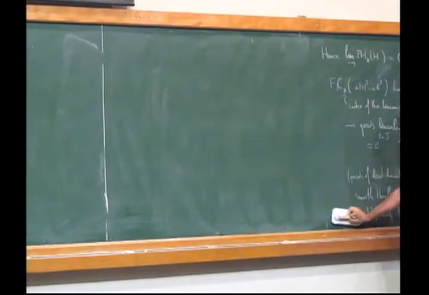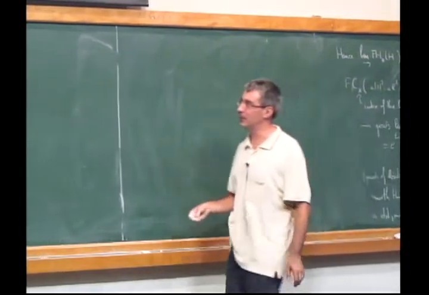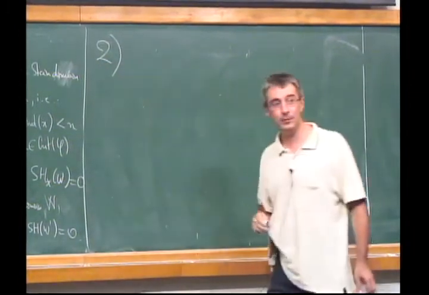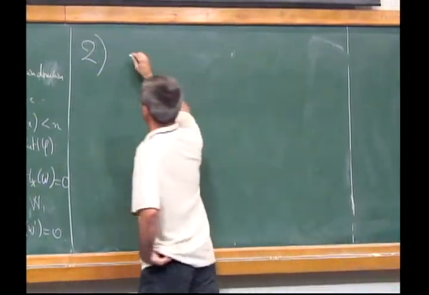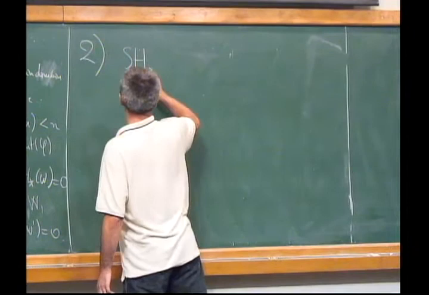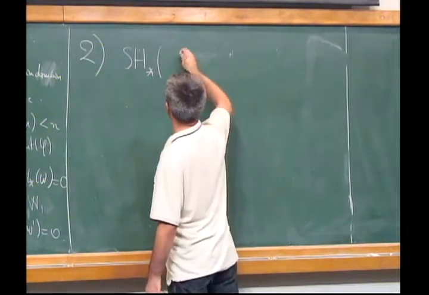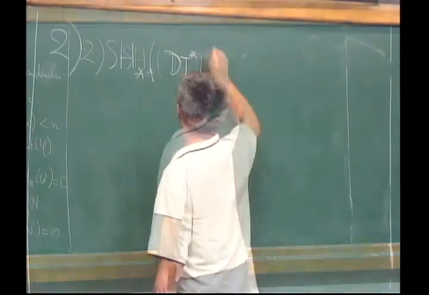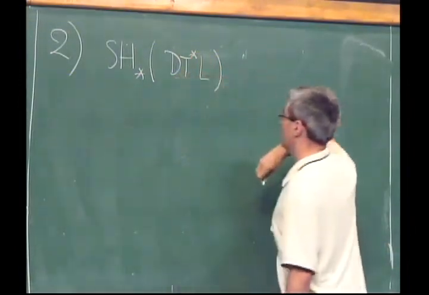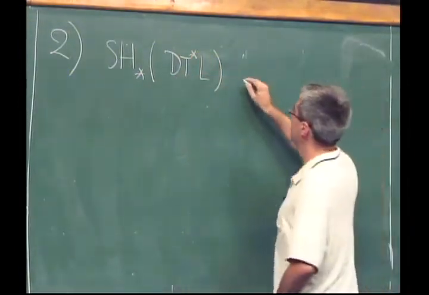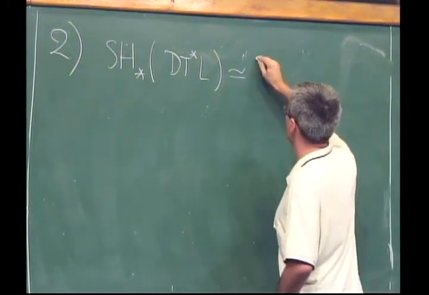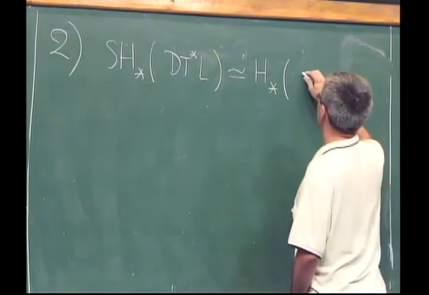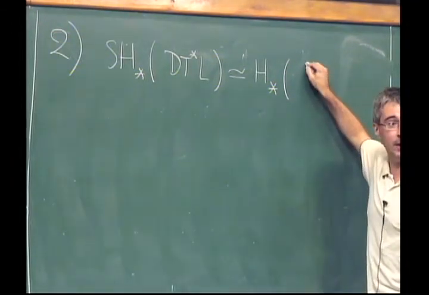Okay. So the second computation relates to Alberto's talk, right? And this is what Alberto is going to prove in his lectures, namely that for the cotangent bundle, symplectic homology is isomorphic to the homology of the free loop space, which you denoted lambda L, right?